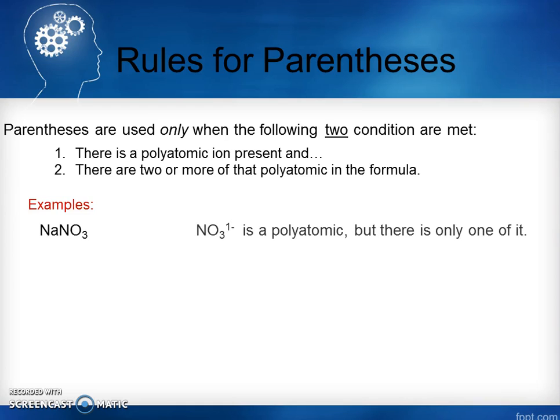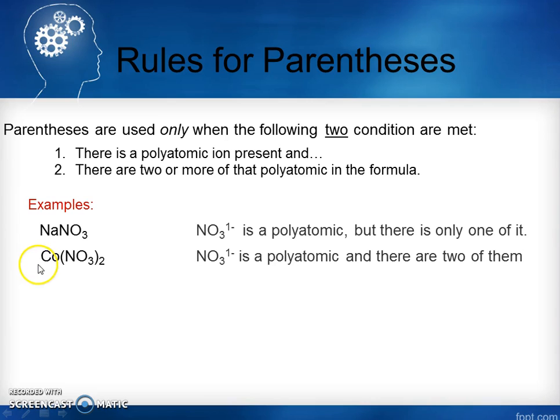So for an example, sodium nitrate, NaNO3: the NO3 is a polyatomic, but there is only 1, so you'll notice there are no brackets. Versus cobalt nitrate, where NO3 is a polyatomic, and there are now 2 of them. So the parentheses are used with the subscript of 2. So it's saying there are 2 nitrates.